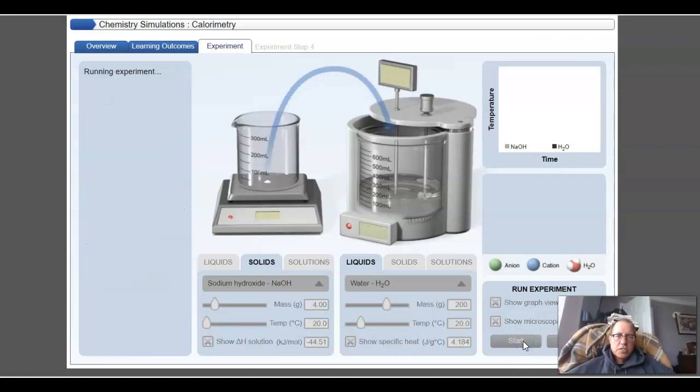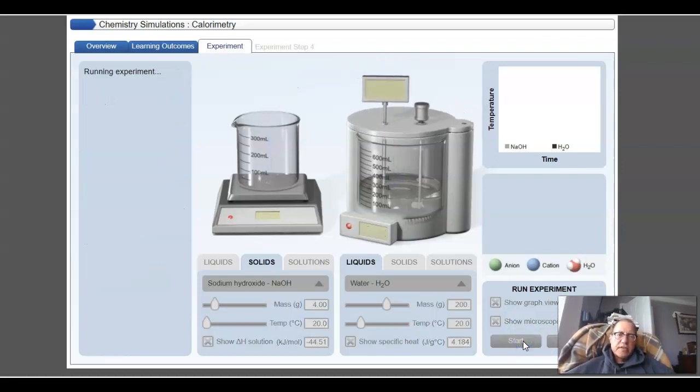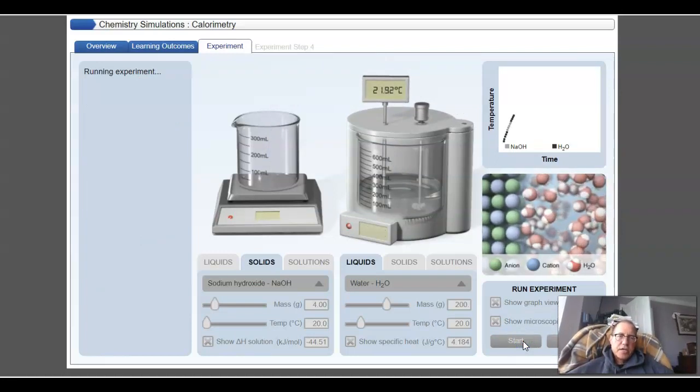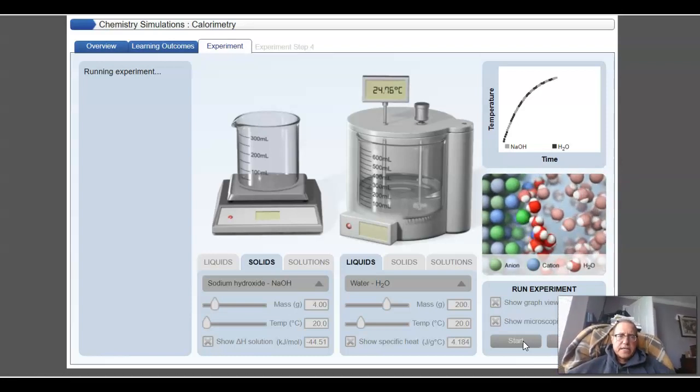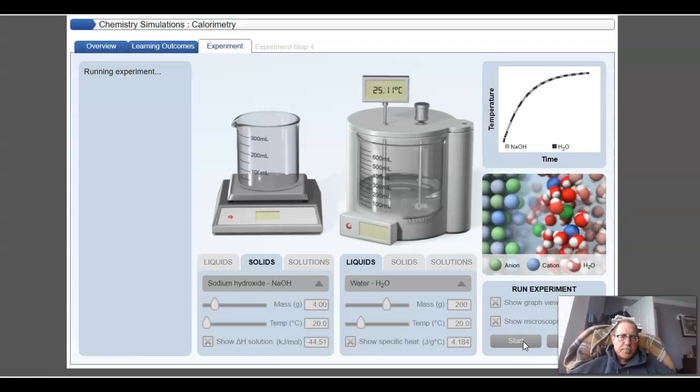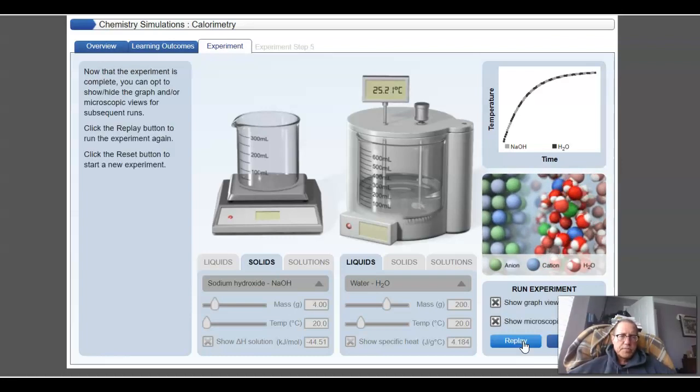You can see that it's going inside of our calorimeter, and we're getting a temperature. We'll wait till it maxes out. You can see microscopically what's going on, how the water's tearing the sodium hydroxide apart into its respective ions. There we go. 25.21 degrees Celsius. All right, so let me write that down somewhere.